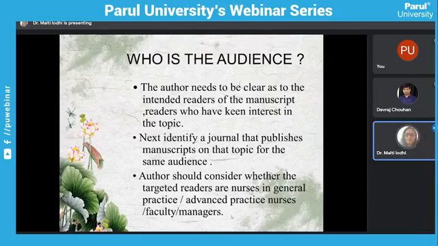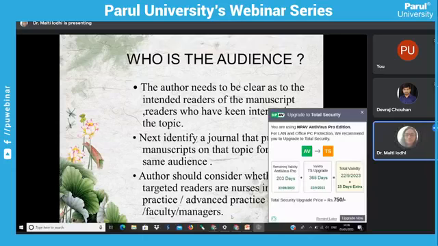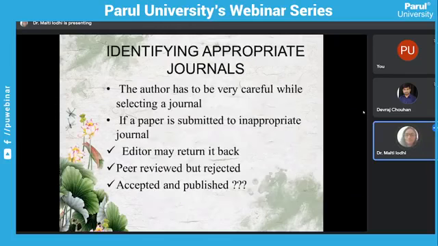Before disseminating your findings, you must target the reader, whether they are in the clinical side, the education side, or act as managers, what types of work they prefer. Accordingly you have to make your findings and disseminate them according to their use.